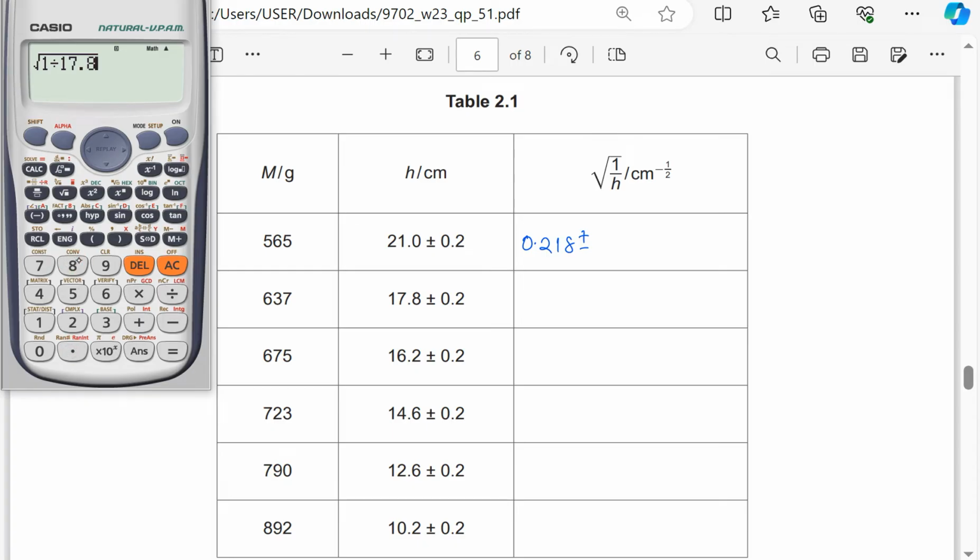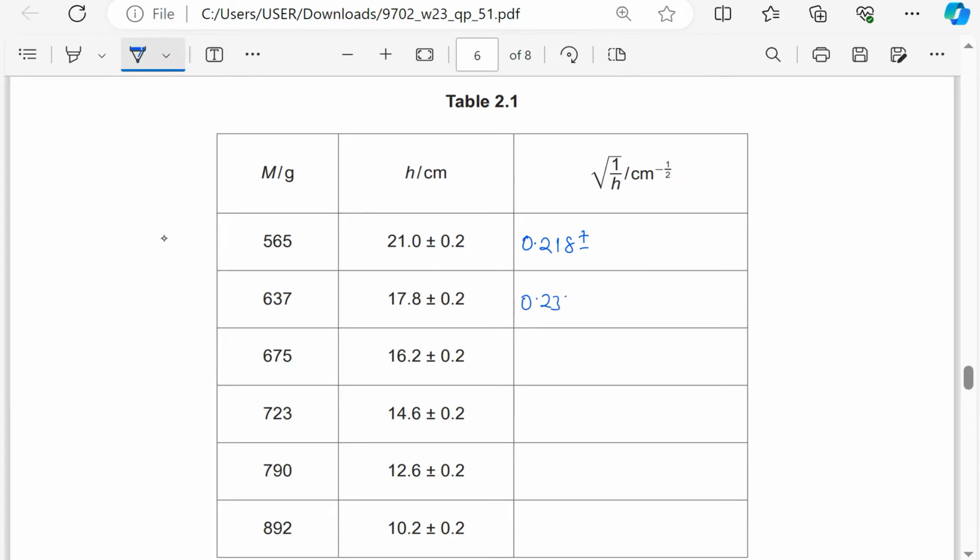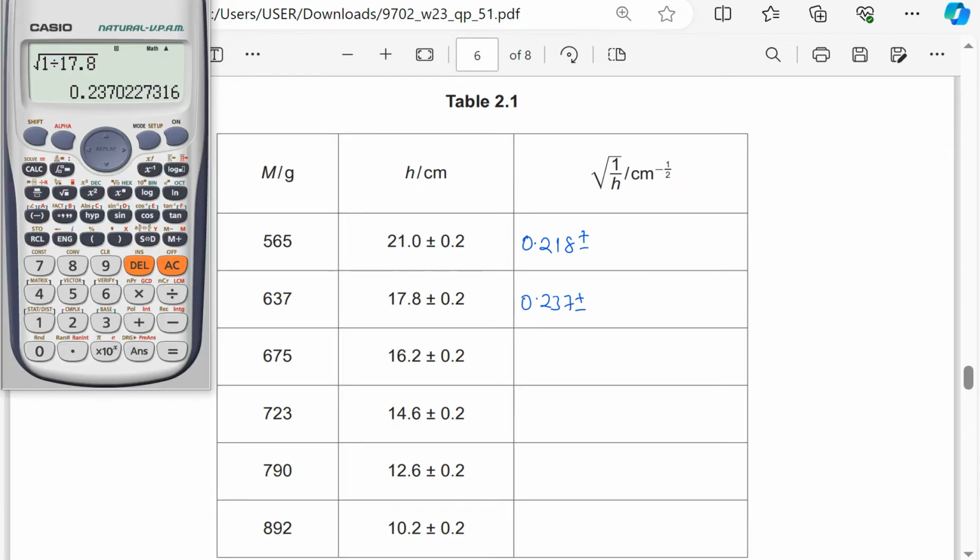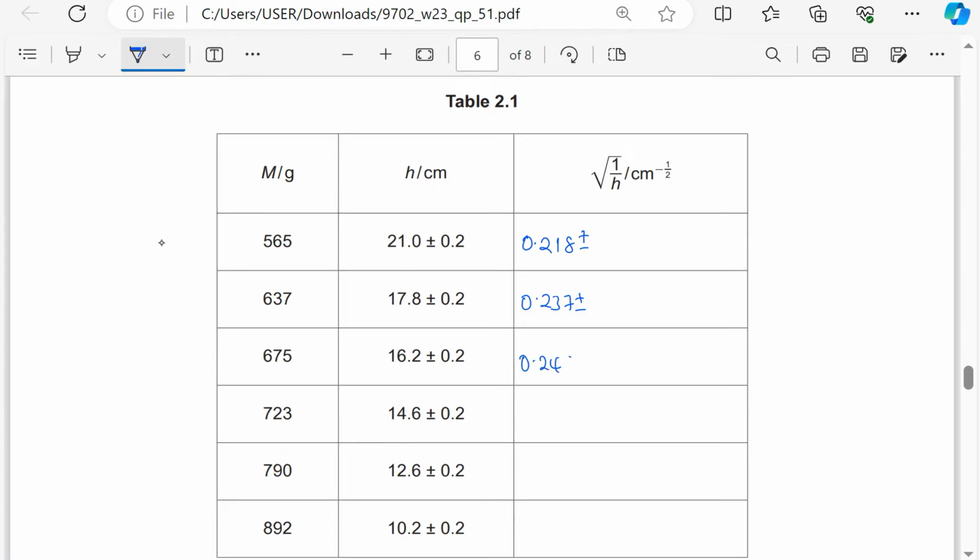17.8, which is 0.237 plus or minus. Then the other one is 16.2, which is 0.248, 0.248 plus or minus.